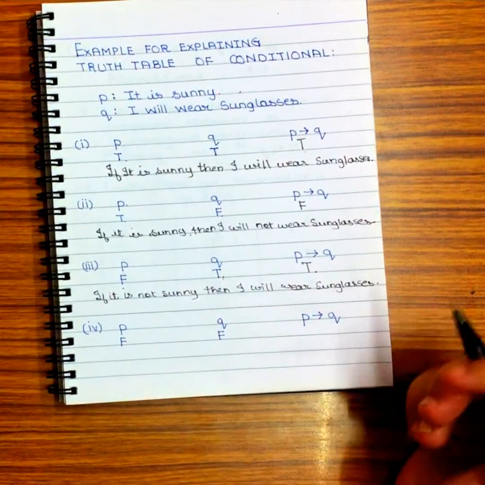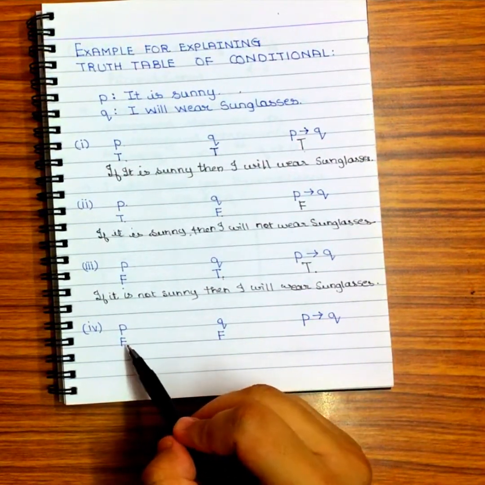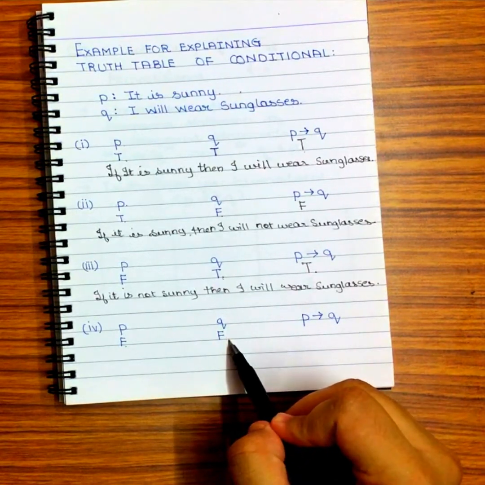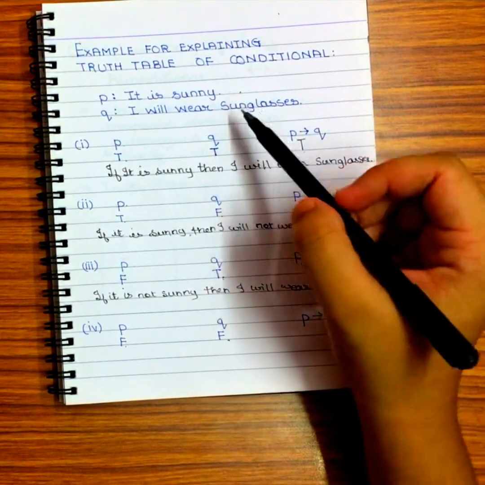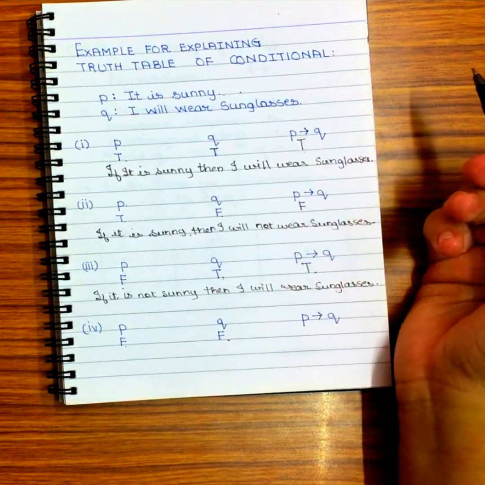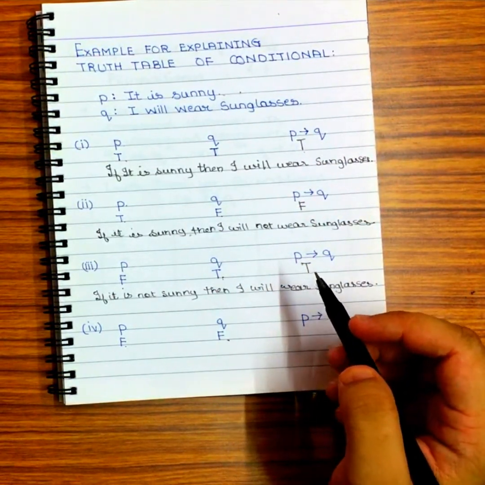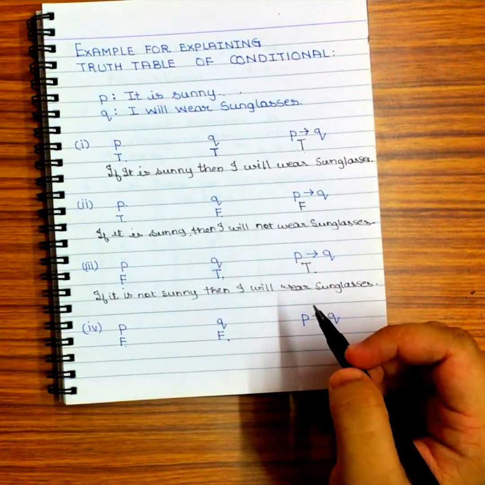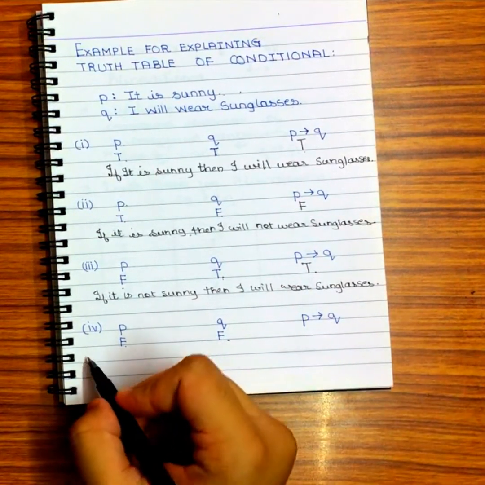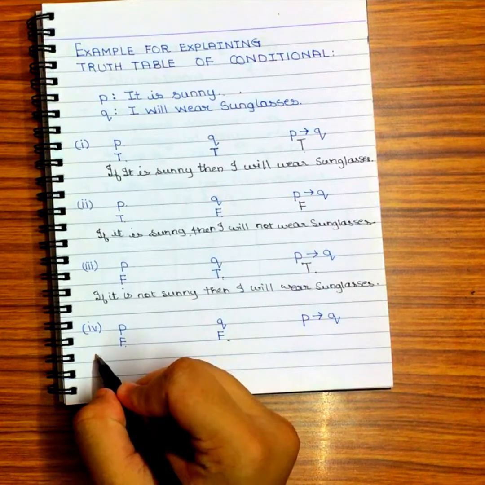Then coming on to the last one. It says hypothesis is also false and my conclusion is also false, which means if it is not sunny, I will not wear sunglasses. That is the original idea that I wanted to tell you, that even if it is not sunny, I am not wearing the sunglasses.